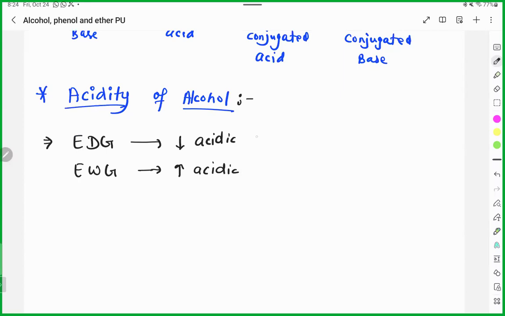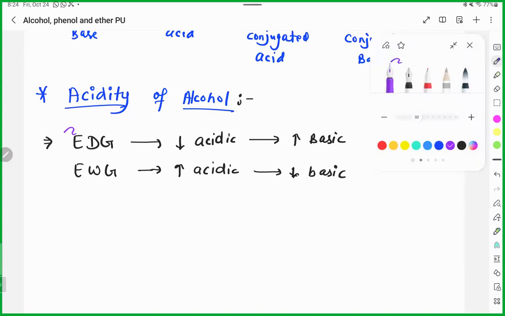If an electron donating group is decreasing acidic character, it means it will increase basic character. Here same thing. Any doubt? Because through this we are not just covering alcohol, phenol, ether, but also in amine you will have the same thing. Make sense?